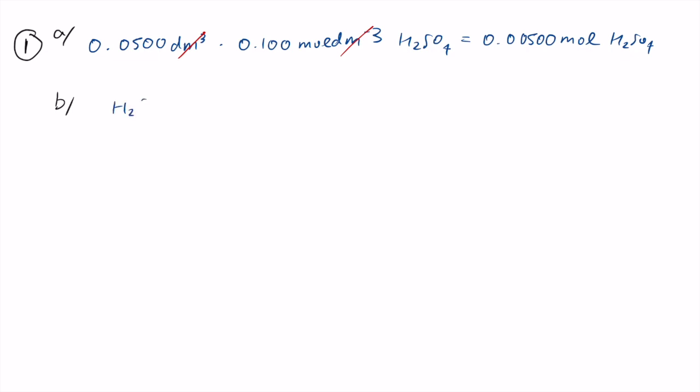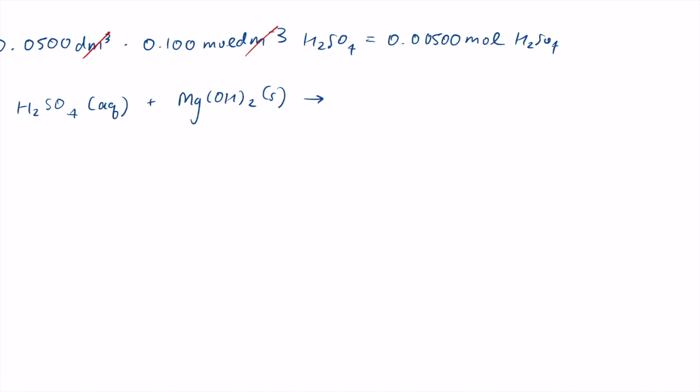We have H2SO4, and I don't believe you need to have your state symbols, but I'll put them in anyways. So H2SO4 plus Mg(OH)2, solid, gives us, well, our salt would be MgSO4. This is a 2 plus, 2 minus, so the charge balances out there. This is aqueous. And then H2O.